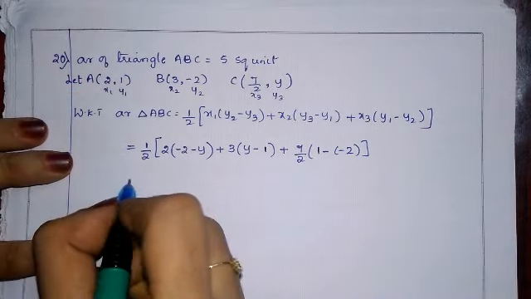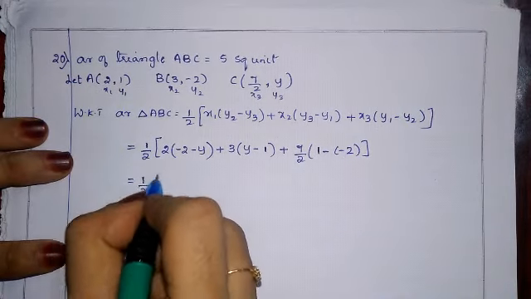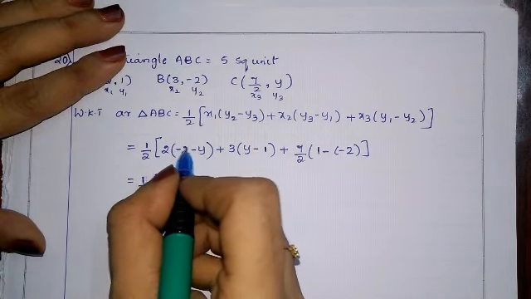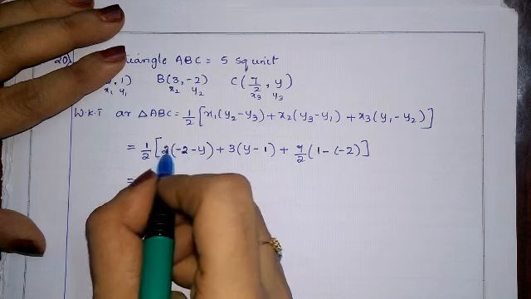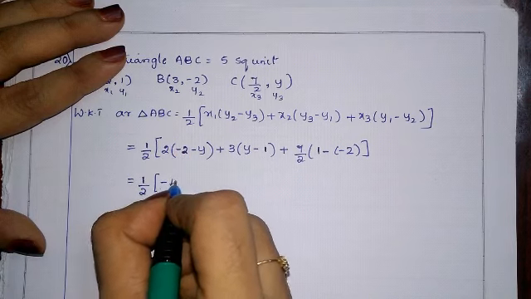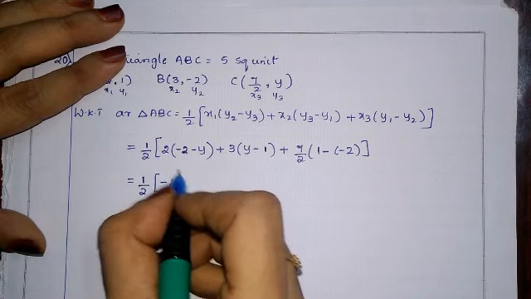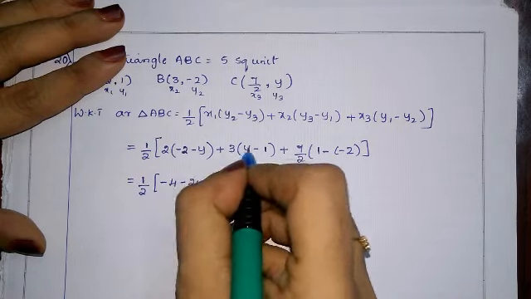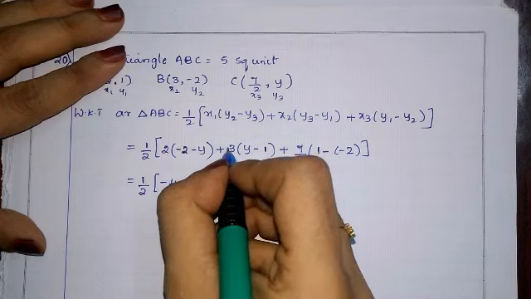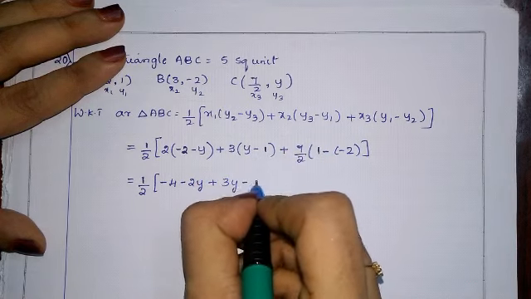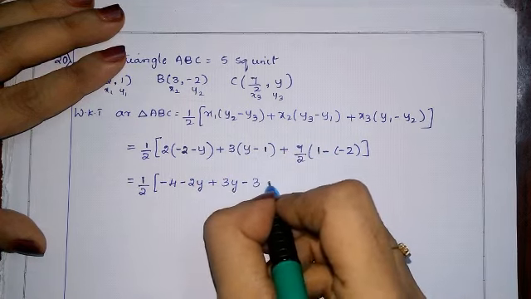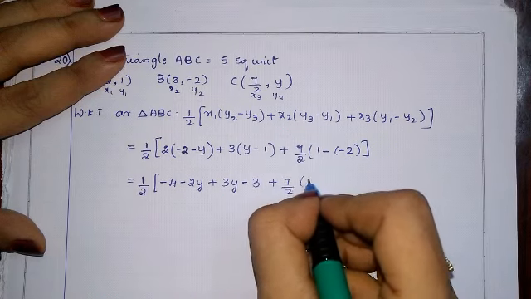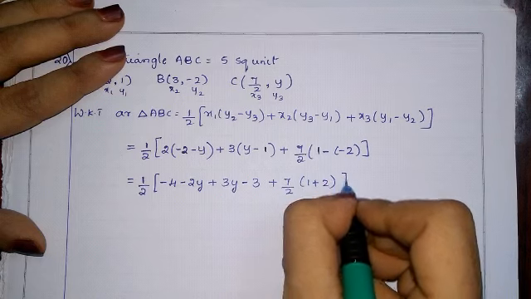Okay, it is equal to half of, because they are unlike terms, we have to multiply: 2 times minus 2 is minus 4, minus 2y, plus 3 into y is 3y, 3 1s are 3, plus 7 by 2 into (1 plus 2).